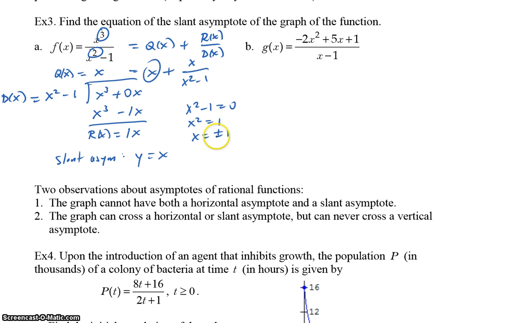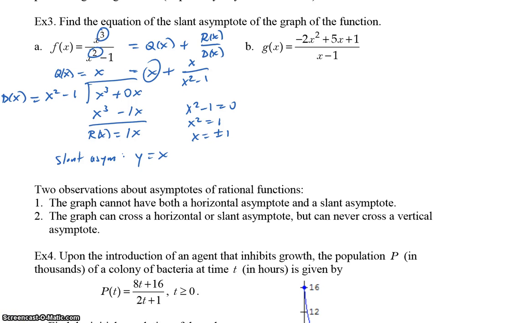So you actually get two solutions there, x equals positive 1, x equals negative 1. And that's why this particular function has two vertical asymptotes, one at positive 1, one at negative 1. Neither of these values will cause the numerator to simultaneously be 0. So both of them will represent vertical asymptotes.